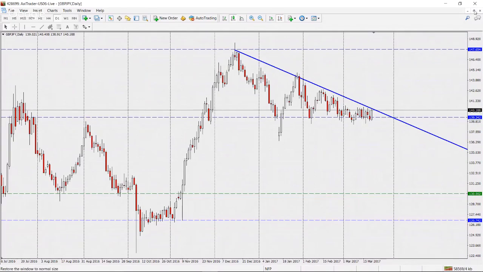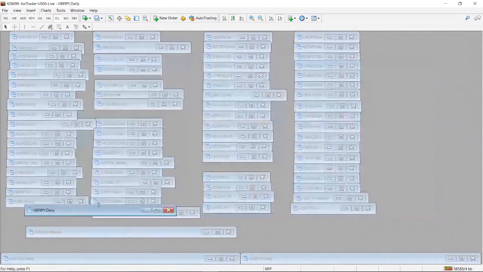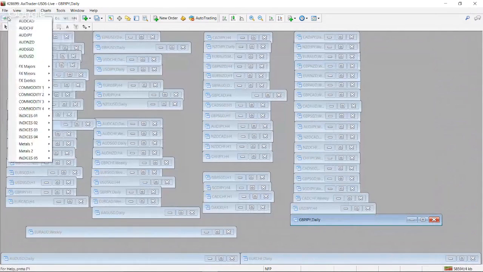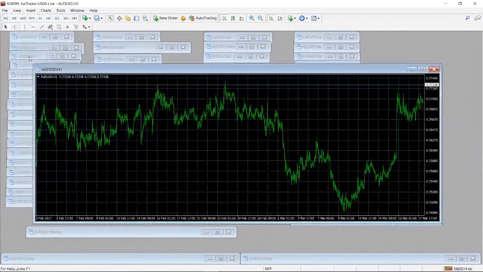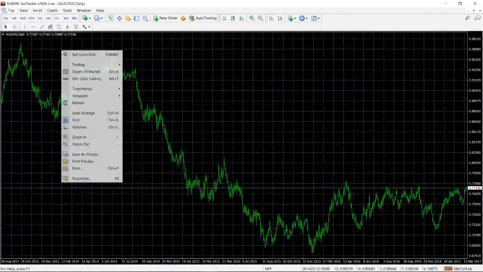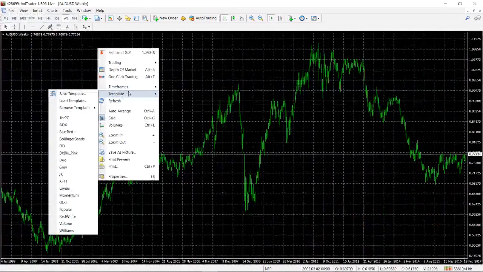Okay, now we can stash this one away, and we'll go with the Aussie now, and then we'll go to the pound as well. So this is the Aussie weekly.